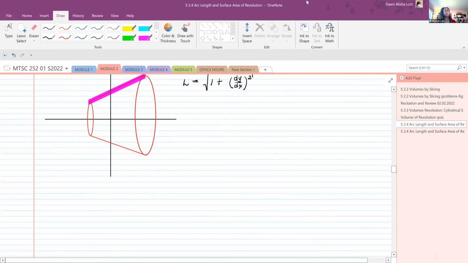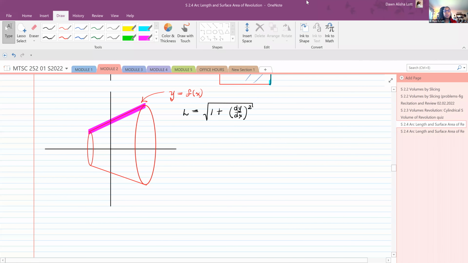So therefore, when I go to look at this one, I get that the surface area is the integral from A to B of 2 pi times the radius, but this time the length happens to be this formula, the square root of 1 plus dy/dx squared, dx.